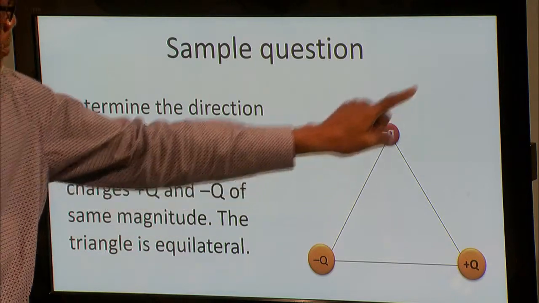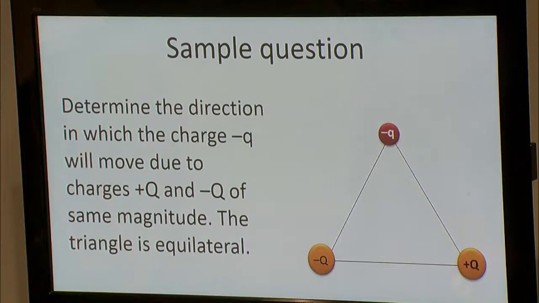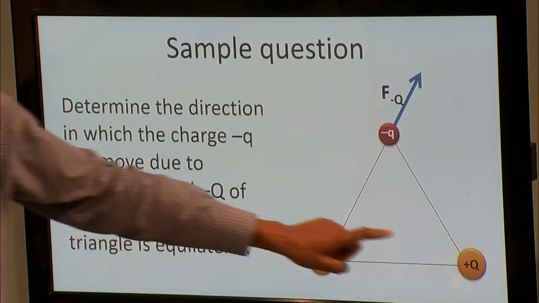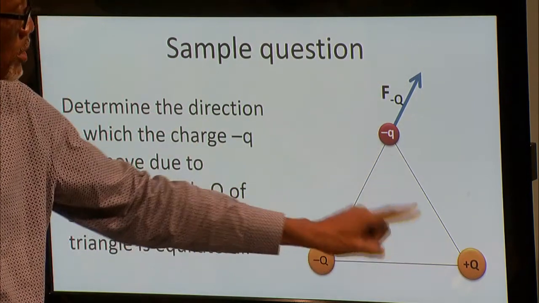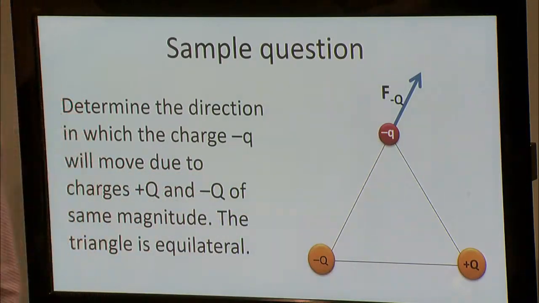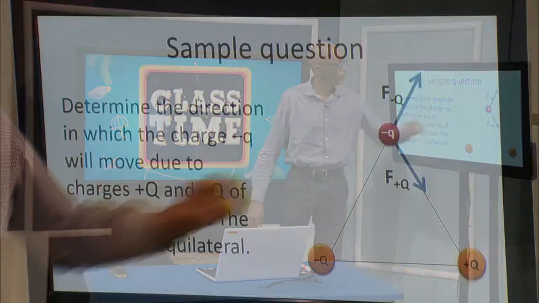That force would be radially upwards, all right? And this charge, because they are opposite charges, will exert a force radially downwards, along the line joining the two of them. So it will exert a force that way.